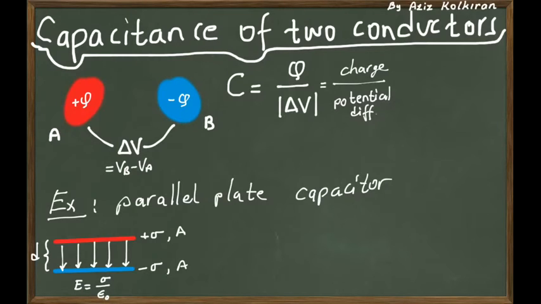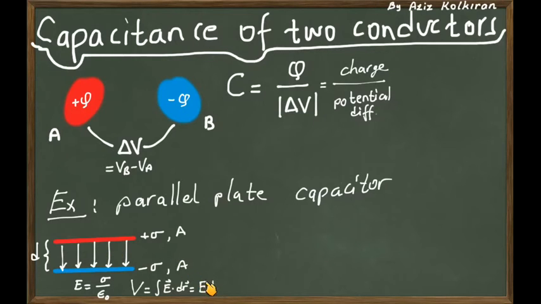Of course, they have a non-zero electric field between them. It is sigma divided by epsilon 0. To find the potential difference between the two plates, you can use the formula, the line integral of E dot dr, because we already know the E between these two plates.